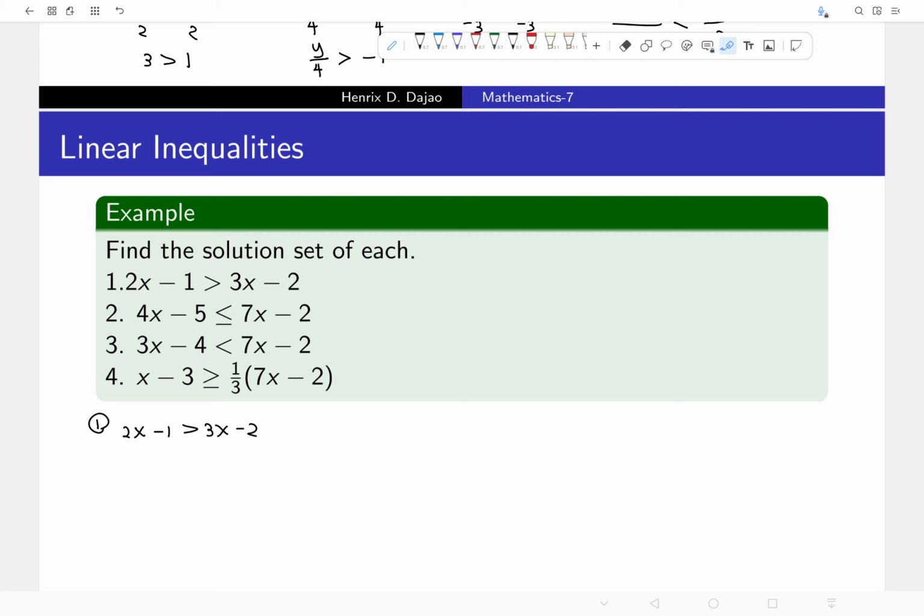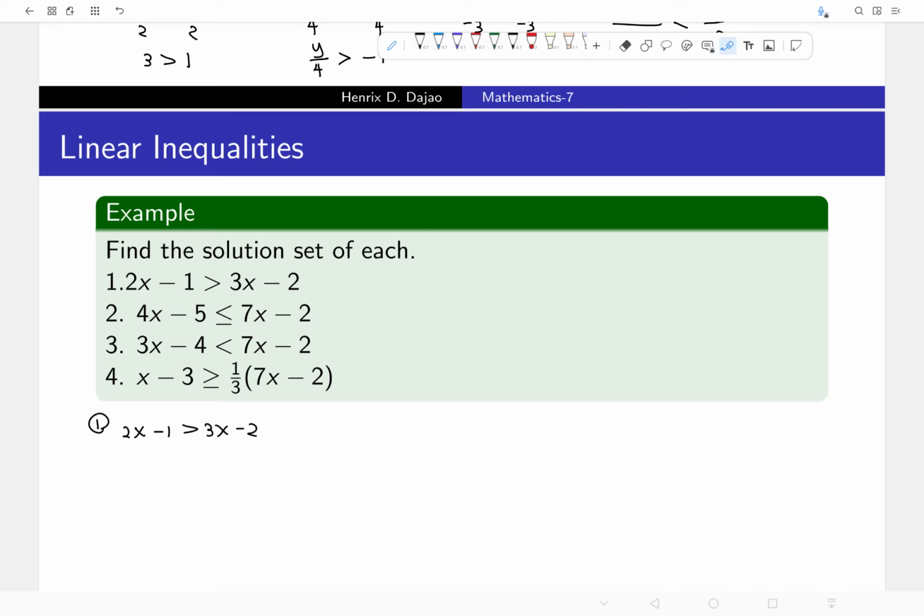Now, to do that, we have to make sure that the expressions involving our x will be transferred usually to the left side of the inequality, and our constants will be on the right side, just like how we solve equalities.